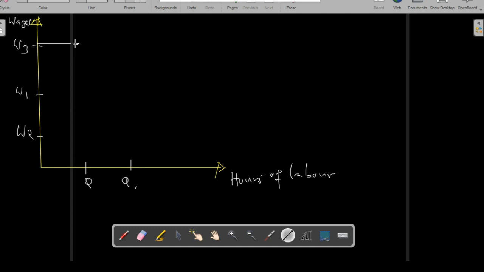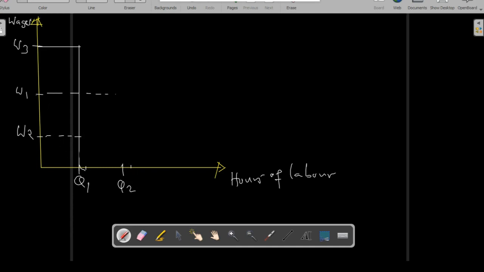So when you sketch out the graph, let's assume there is a shifting movement of wages from wage 2 to wage 1, or from wage 1 to wage 3. At a higher level of wages, that is wage 3, we observe the hours of labor.